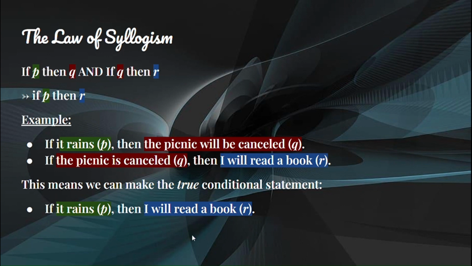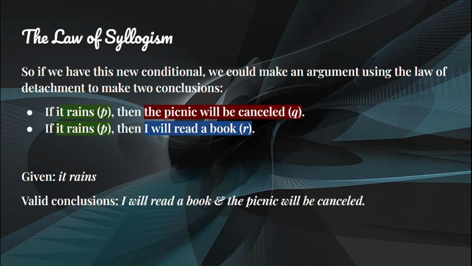And that means, given certain information, we could make a valid conclusion here. So let's take a look. Given it rains, we are actually meeting the hypothesis of two conditional statements. The first one, if it rains, then the picnic will be canceled.